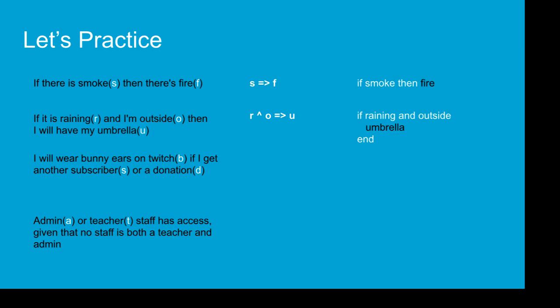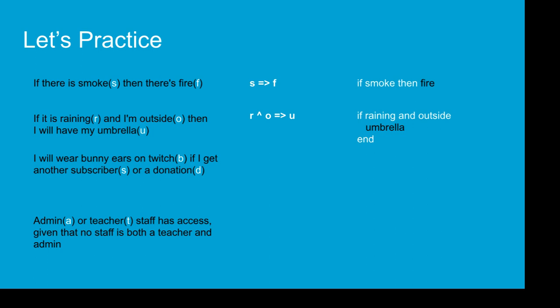Okay, I will wear bunny ears on Twitch, we'll call that B, if I get another subscriber or a donation. So this one's a little bit tricky because I've written it in a way that it's sort of a little bit backwards. So what do we have here? Again, we have two things going on.